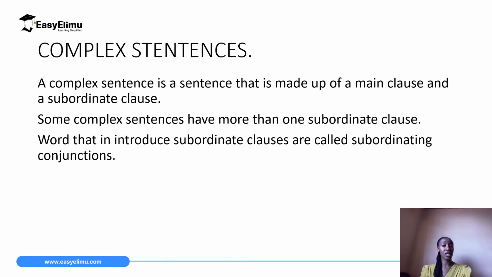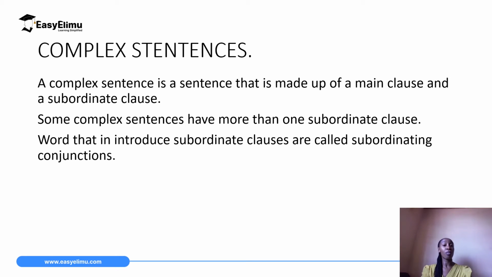A main clause is also known as an independent clause, and that means that it is a clause that can stand on its own and make sense, while a subordinate clause, also known as a dependent clause, cannot make sense on its own. It needs the main clause for it to make sense. It is important to note that a complex sentence can have more than one subordinate clause.